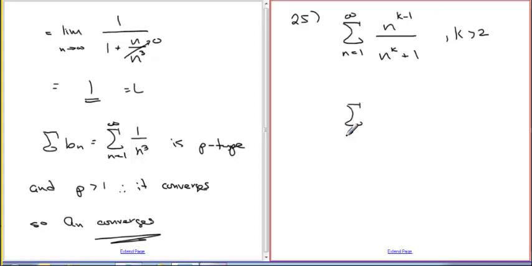Let's try k equals 3 and see what it looks like. We'll get n squared divided by n cubed plus 1. So it looks like, again, you could just do n squared over n cubed, and you end up ultimately getting 1 over n, which actually does not converge.